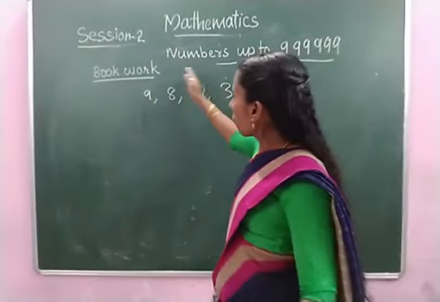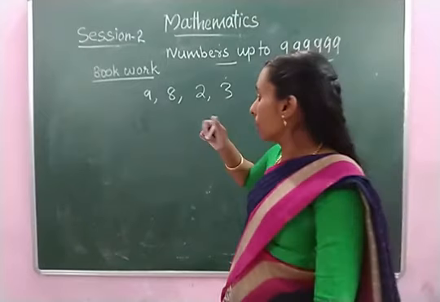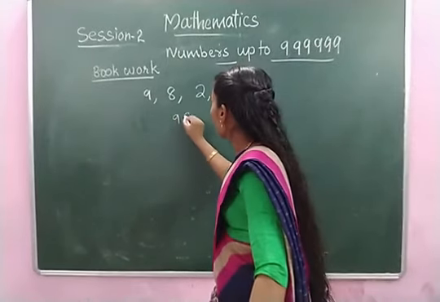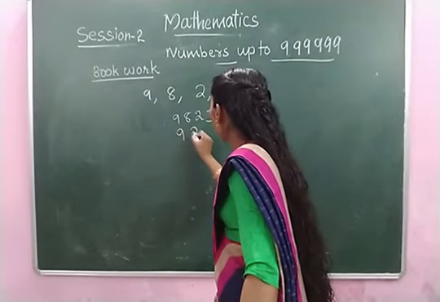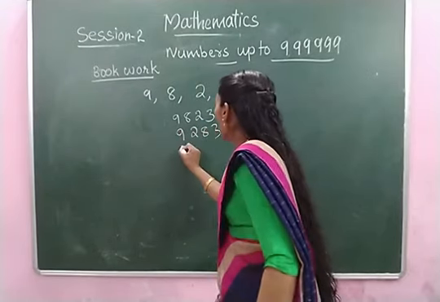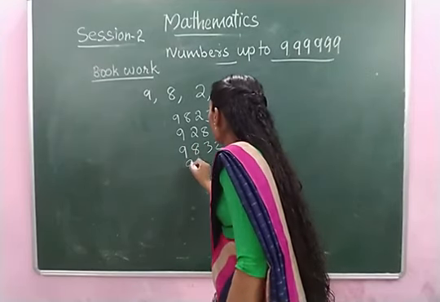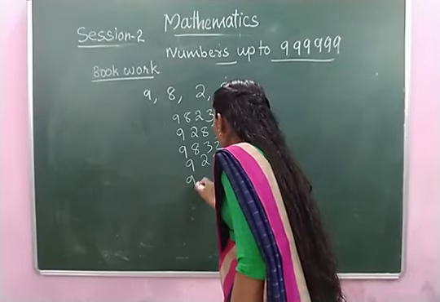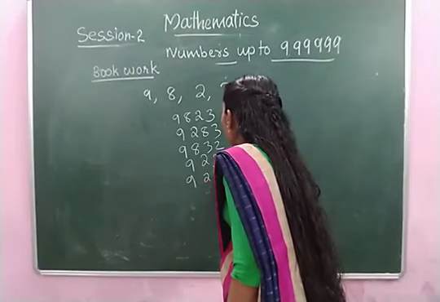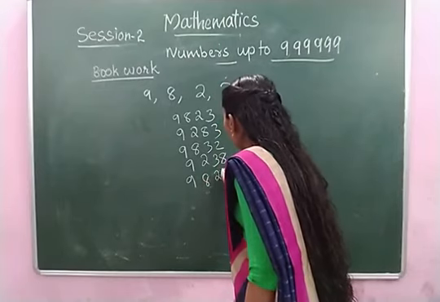While using these 4 digits, we can form many 4-digit numbers. We can write 9823, we can write 9283, we can write 9832, 9238, 9283, 823.